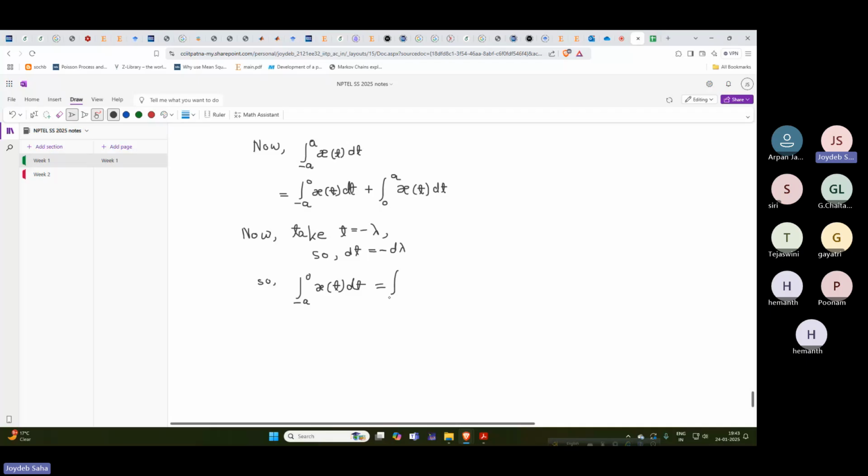is equal to the integral from 0 to minus a of minus x(t) dt, which is equal to minus the integral from 0 to a of x of lambda, that is x of minus lambda, times minus d lambda.